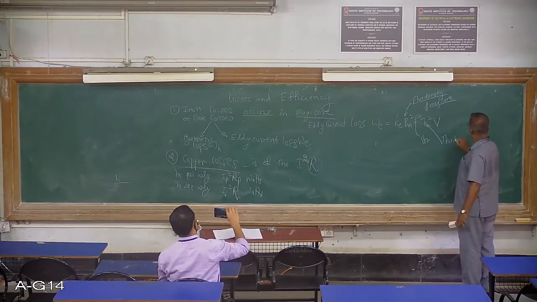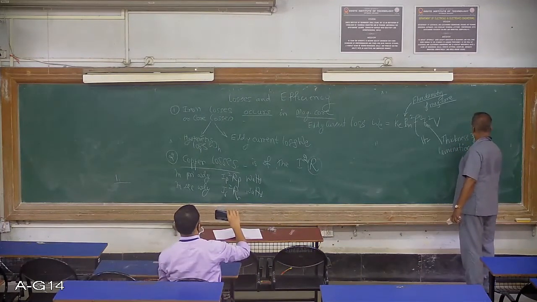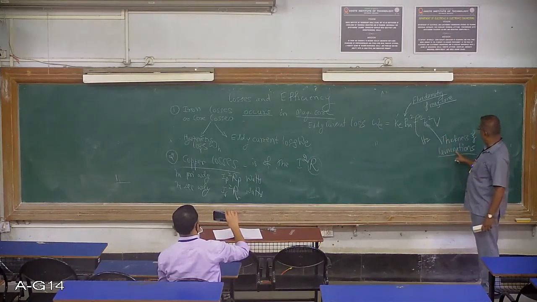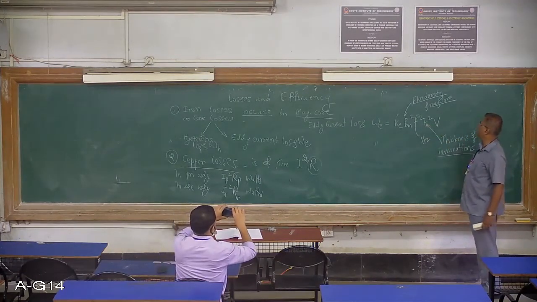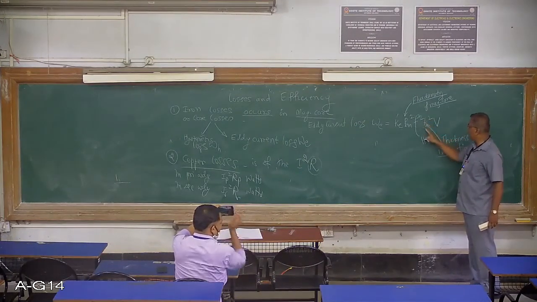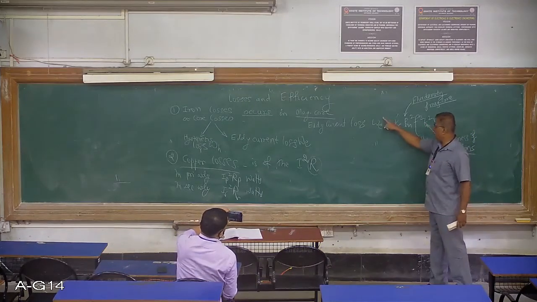T is the thickness of laminations. As we have seen, the magnetic core is not solid. It is made up of thin laminations. The thickness of each lamination is T. The more the number of laminations, the less the thickness, and the less the thickness of each lamination, the less the eddy current will be.